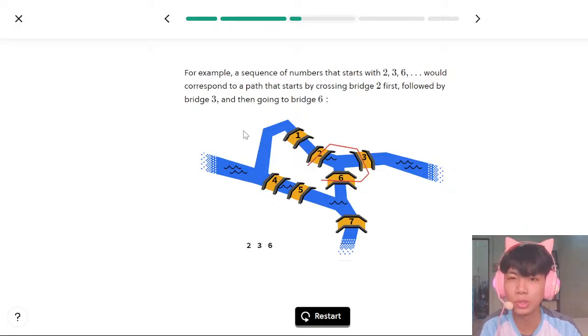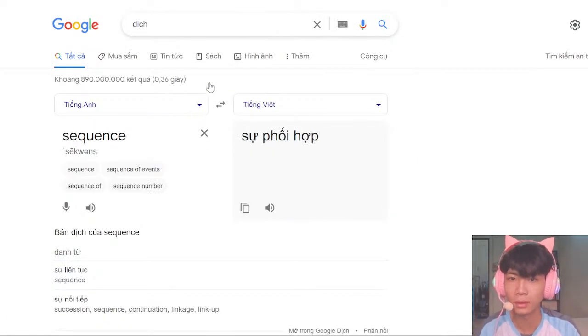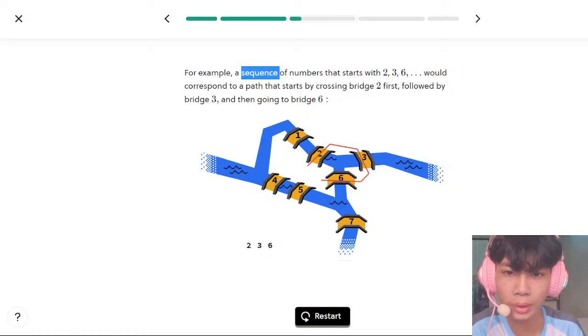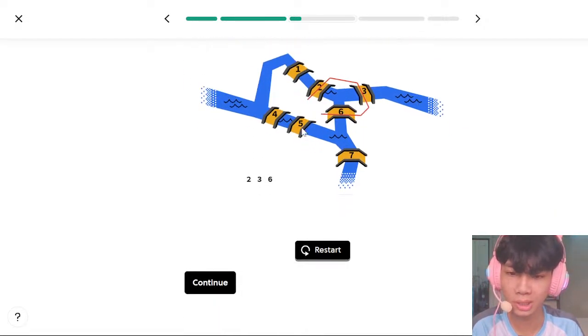For example, a sequence of numbers starting with 2, 3, 6 would correspond to a path that starts by crossing bridge 2 first, followed by bridge 3, and then going to bridge 6.